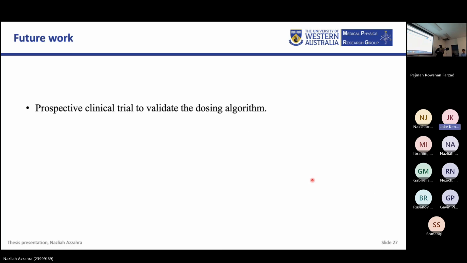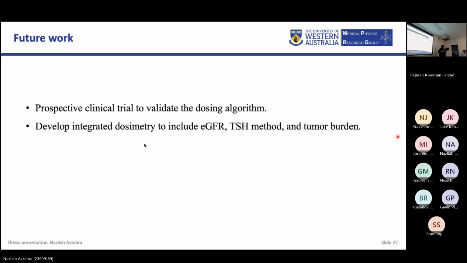To build on this work, first, we can do a prospective clinical trial to validate the dosing adjustment algorithm, and also integrate dosimetry with factors other than eGFR, for example, the method for any metastasis or thyroglobulin level and so on.